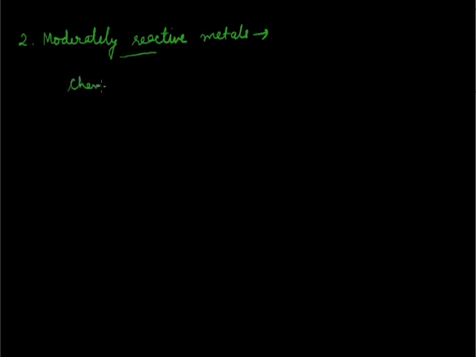The method which is used here is chemical reduction. So the oxides of moderately reactive metals are chemically reduced. That is, we will use some reducing agent for their reduction. A reducing agent is any substance which itself undergoes oxidation and reduces the other substance with which it reacts. Common reducing agents are, most commonly what we use is coke, that is a form of carbon.